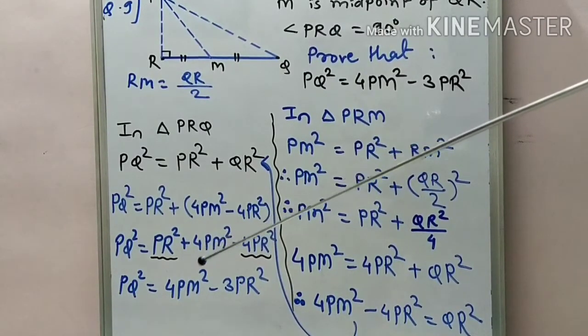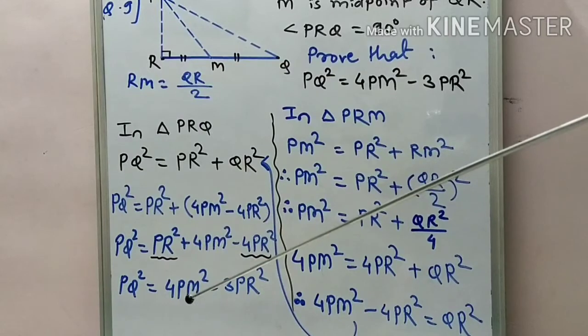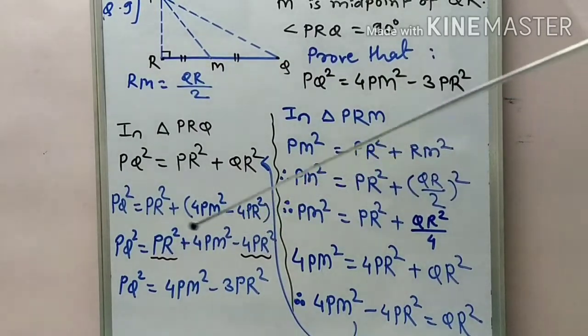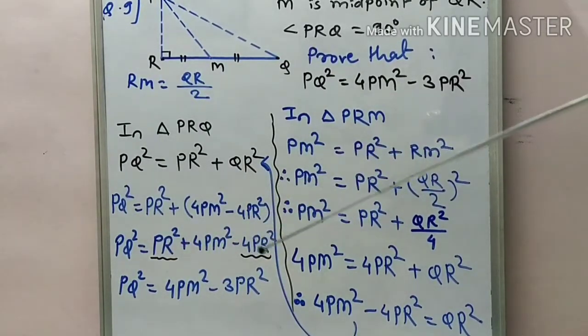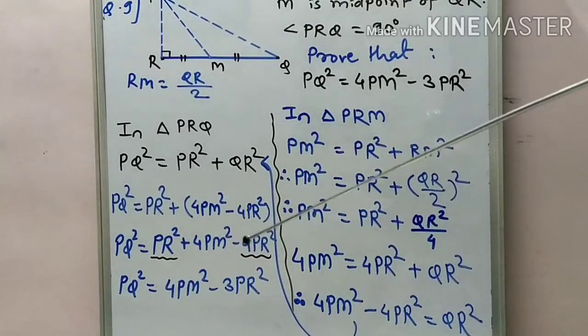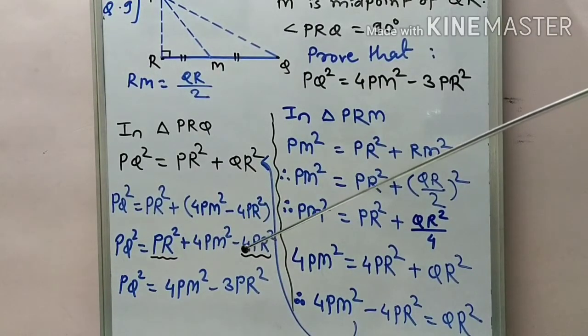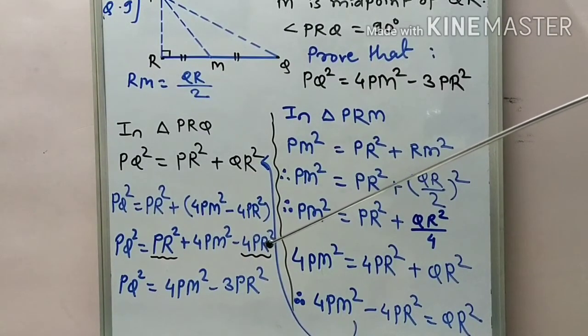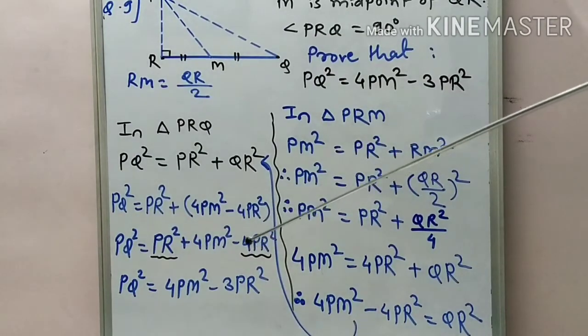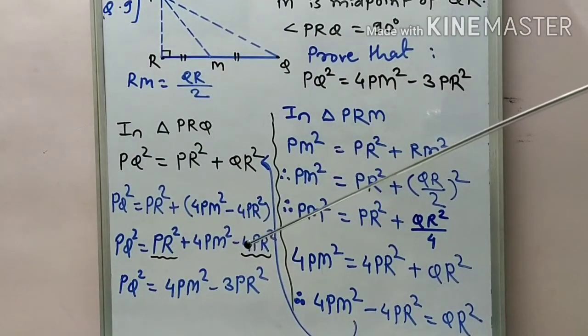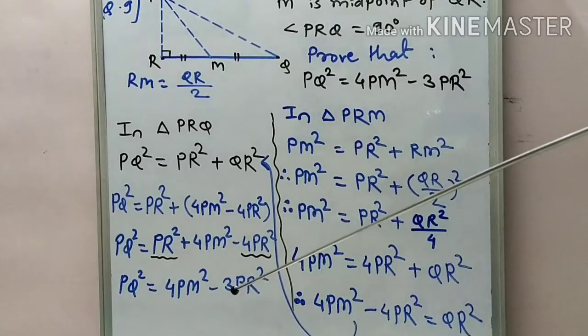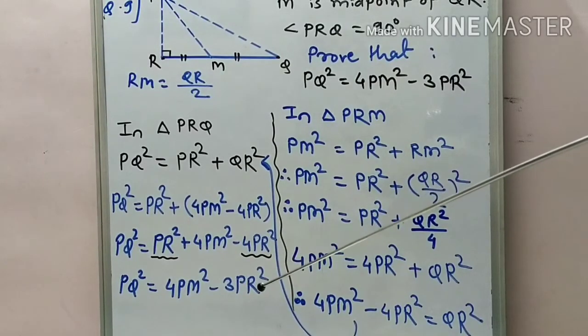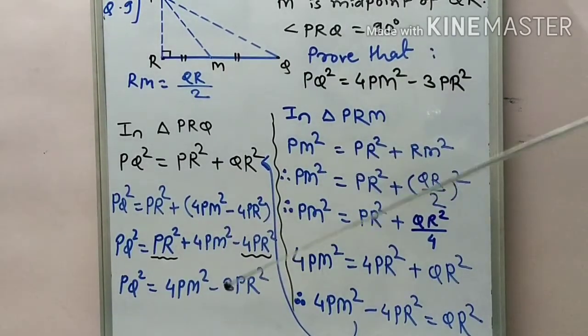So 4PM square we write first, and as we notice, these are the two terms, PR square minus 4PR square. We do the subtraction here, and the result is minus 3PR square. So here we are getting what we had to prove.